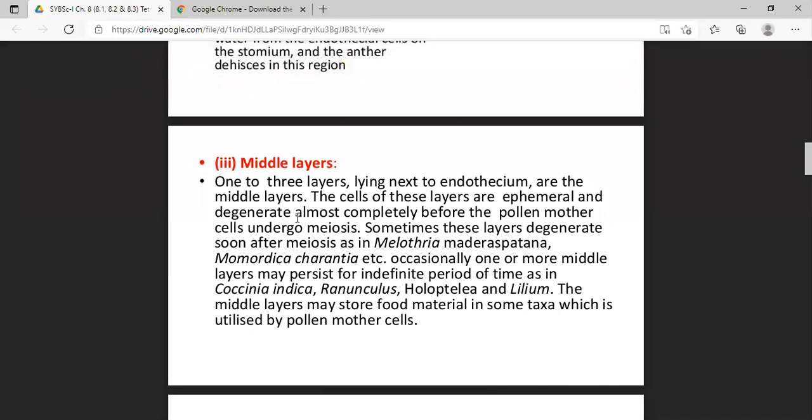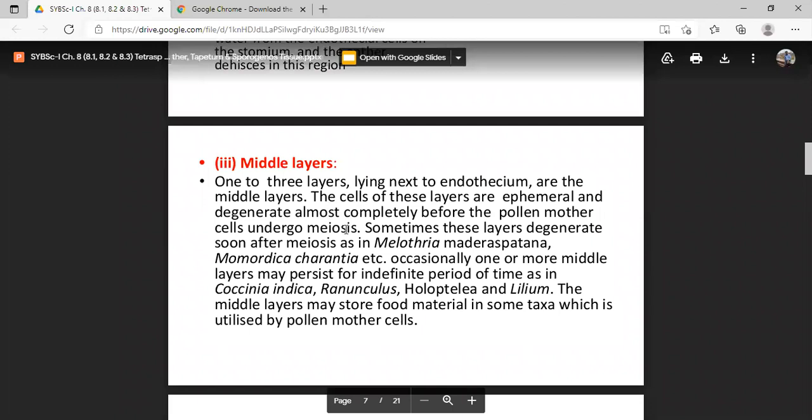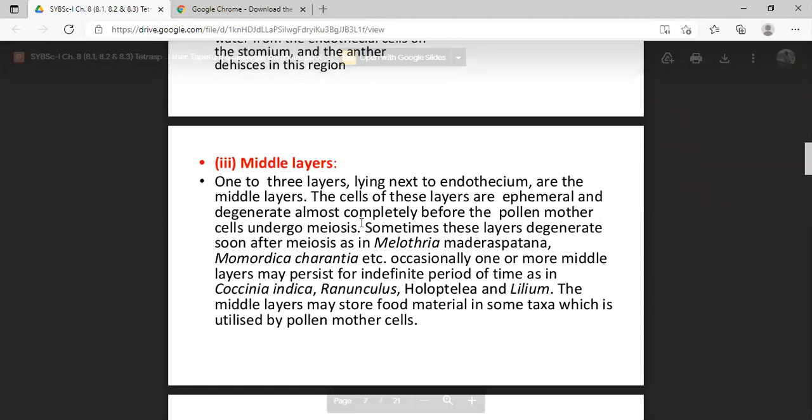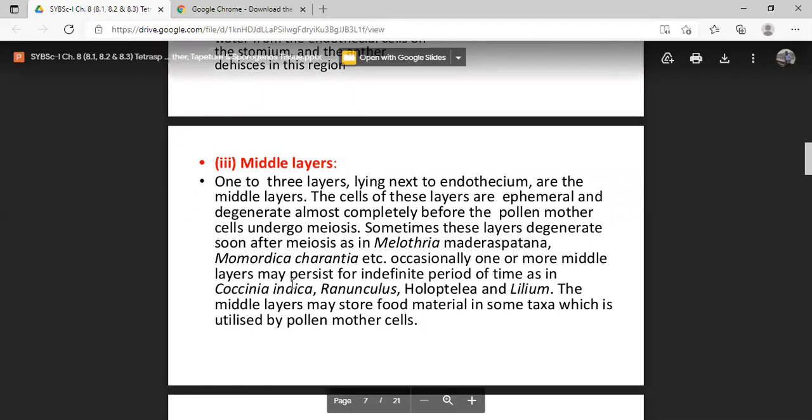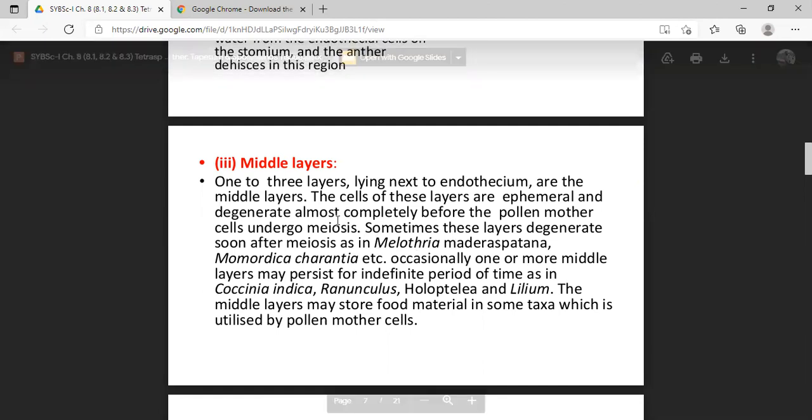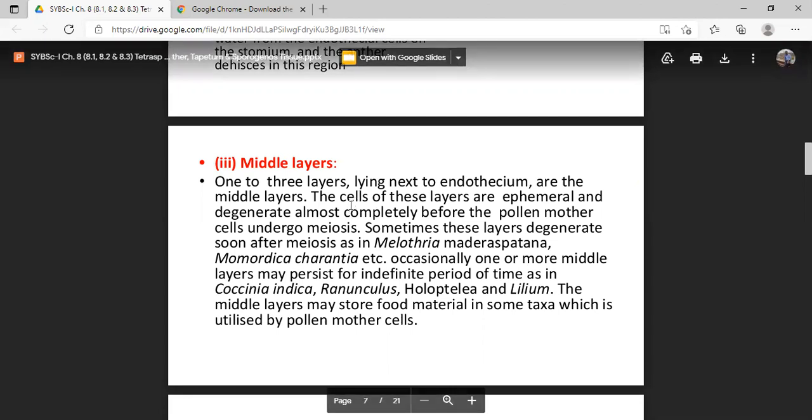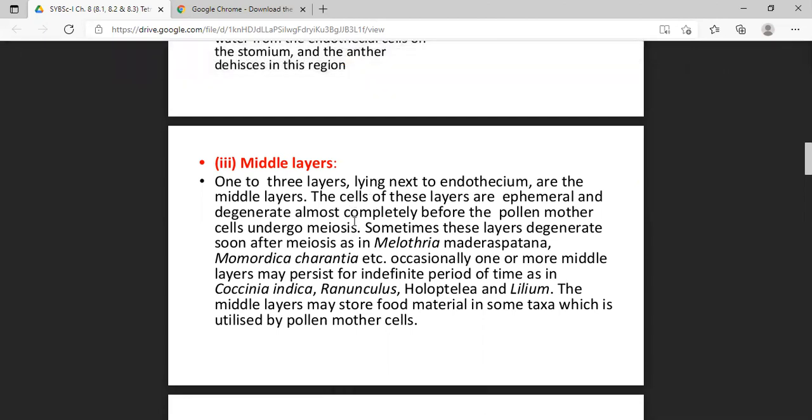So meiosis takes place. Meiosis generally takes place in reproductive parts, and it is responsible for the reduction division and the formation of gametes. So we get an idea why meiosis occurs here: haploid cells are formed, and there is formation of gametes.